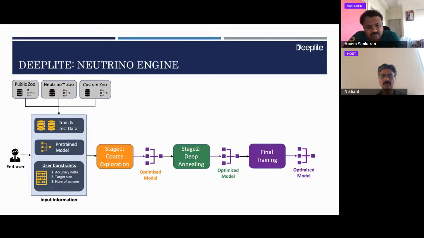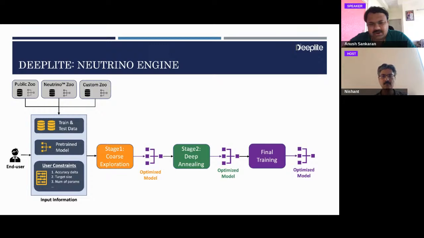What is the delta of accuracy, what is the target size, what is the number of parameters, etc. If these three pieces of information are provided, we do two stages of model compression. The first we call the coarse exploration stage, where we try to explore the different bottlenecks in the model.